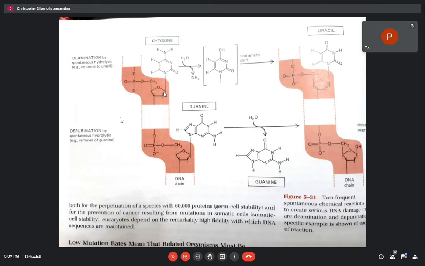In the DNA po, the pentose sugar that is in the structure is the deoxyribose. Why is it a deoxyribose? Because in its second carbon, it lacks the oxygen compared to the ribose. There is no blockage.